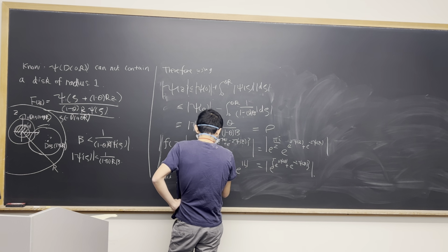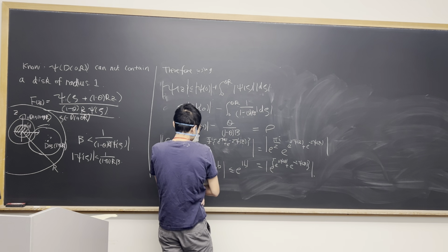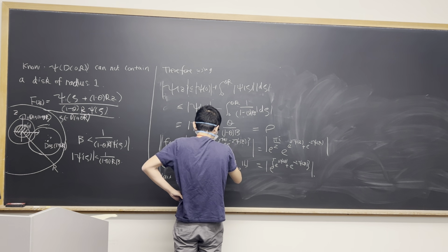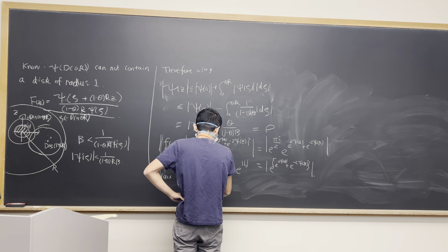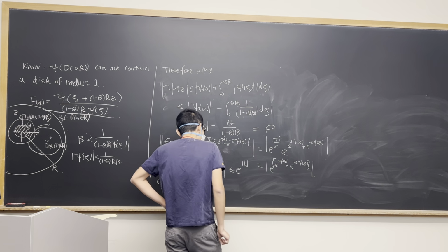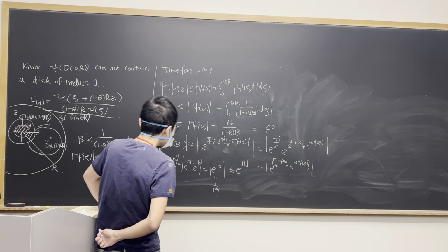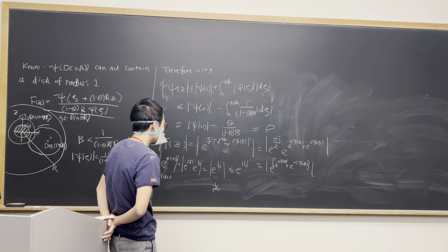And if b is negative, then this is equal to 1 over e to the modulus of b. It is still less than or equal to e to the absolute value of b.